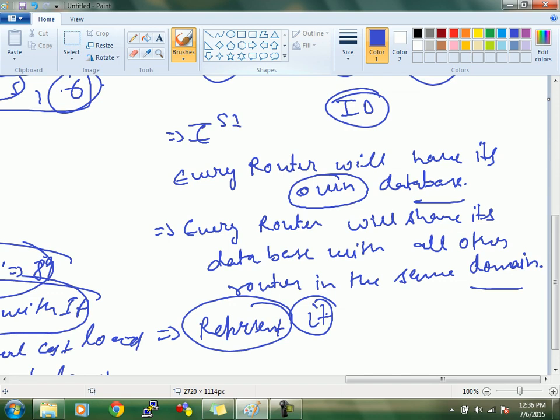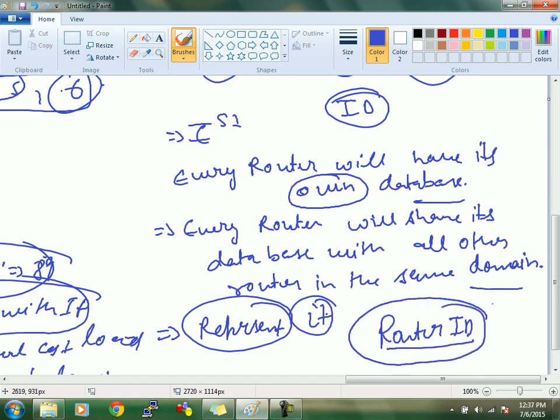You are representing yourself by your name. In the same way, a router is representing its database by a unique ID. That ID is called router ID.